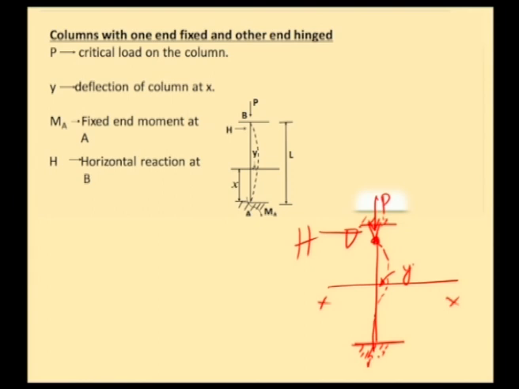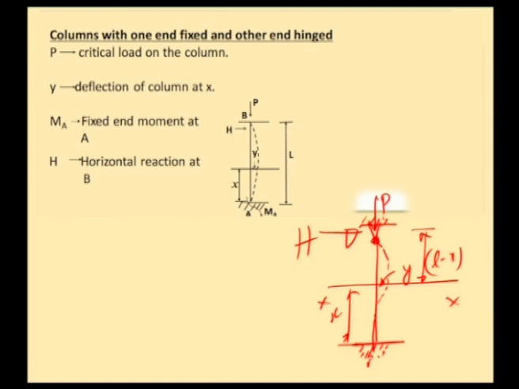The bending moment at x x will be equal to the horizontal thrust H multiplied by the distance, say L minus x. We have considered x from the base and the remaining distance will be L minus x.